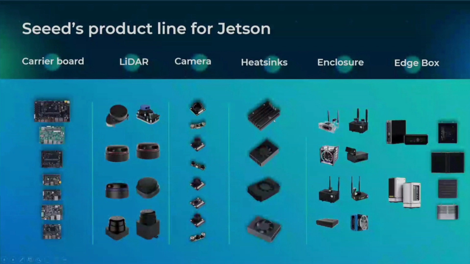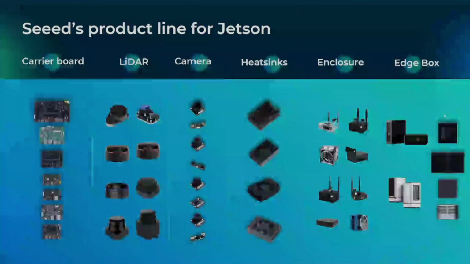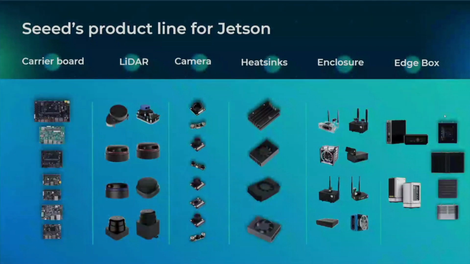If you want to include a heat sink, you can, to cool down the CPU and the GPU on the Jetson Nano. And we also have the enclosures and the edge boxes. The reComputer Jetson is an edge box. What we define as an edge box is a complete solution where it has the carrier board, the SOM system on module, the enclosure, and the heat sink is also inside. So it's a complete solution.